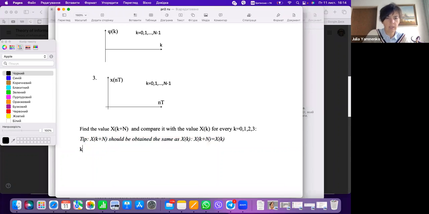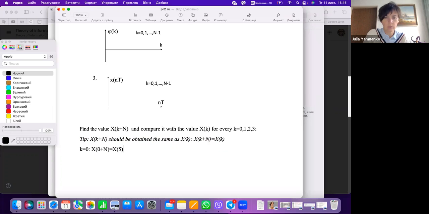So for k equal to 0, you will obtain x from 0 plus n. And your n is equal to 5, so in your case it will be equal to x from 5.